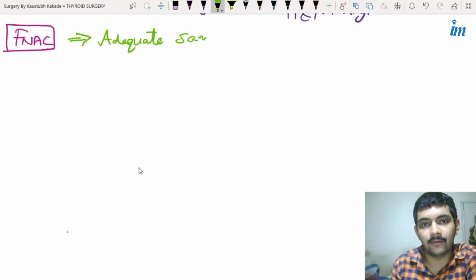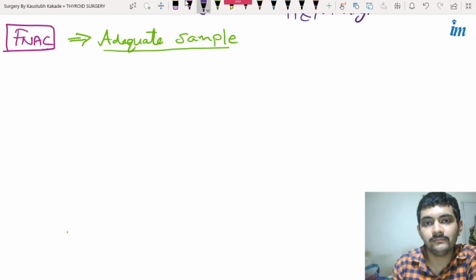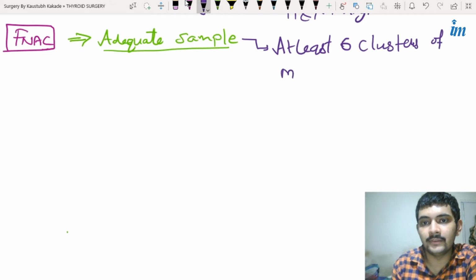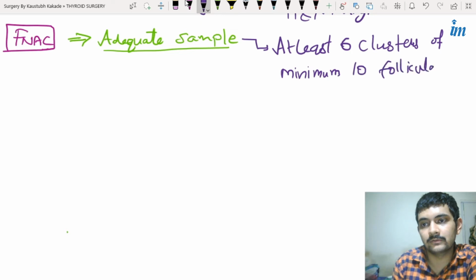An adequate sample is nothing but at least 6 clusters of minimum 10 follicular cells each, right?